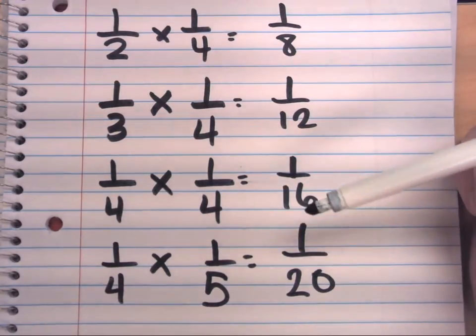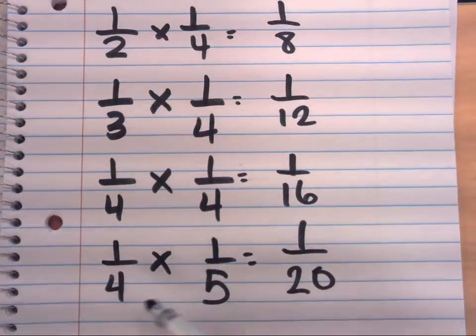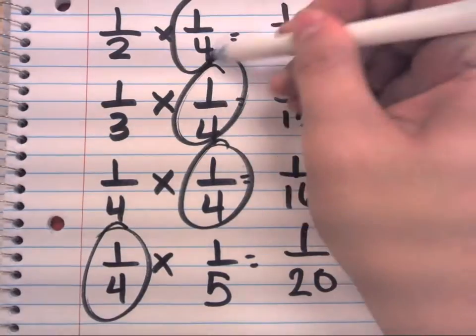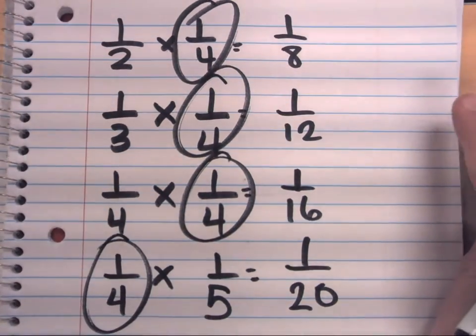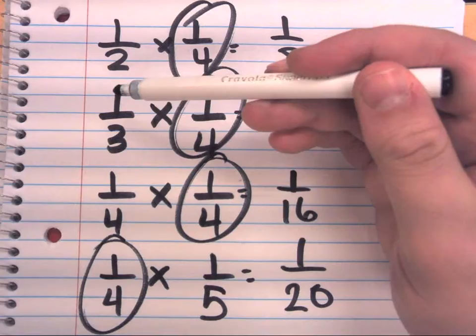But what was probably the most interesting part was that each expression had 1/4 as a factor. And the only thing that was changing was the other factor.